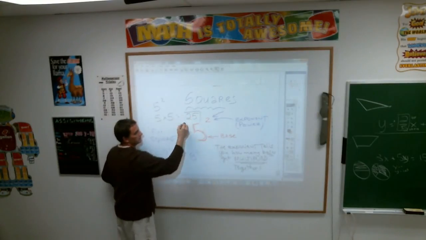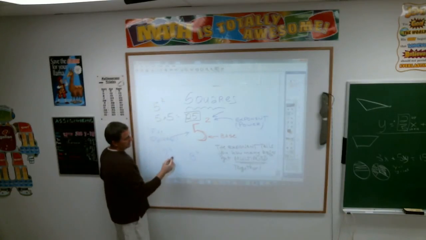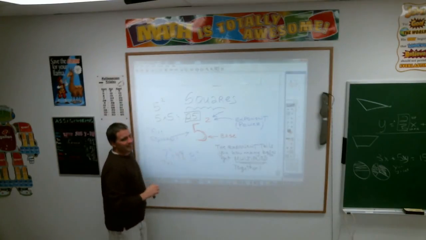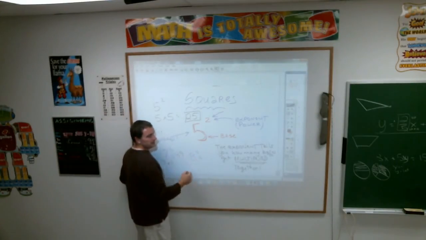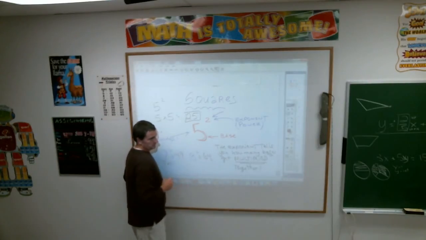This is not 5 times 2, it's 5 squared, or 5 to the 2nd power. Same thing. 7 to the 2nd power is not 14, it's 7 times 7, which is 49. 8 to the 2nd power is not 16, it's 8 times 8, which is 64.